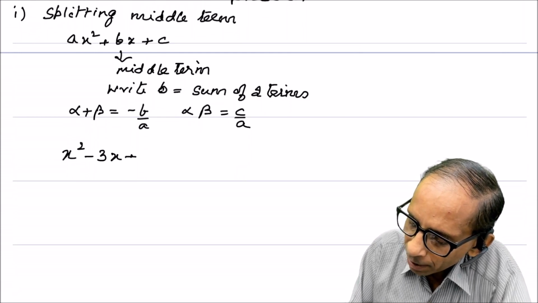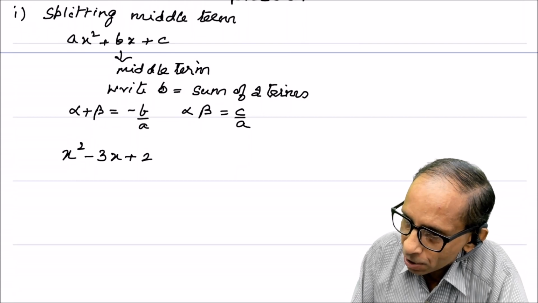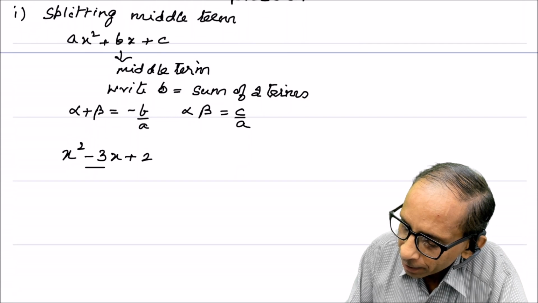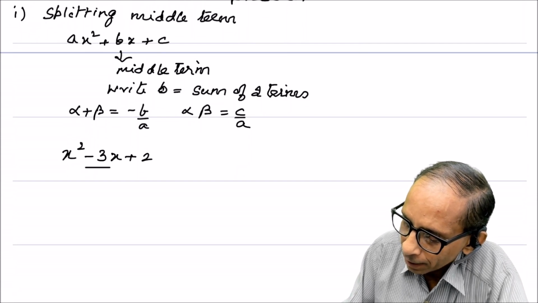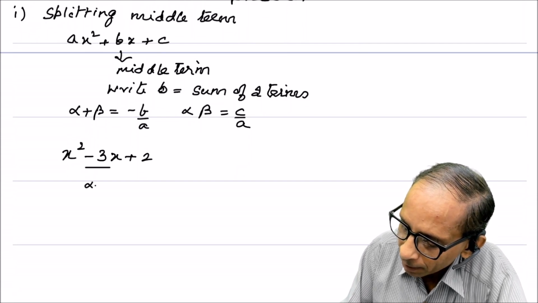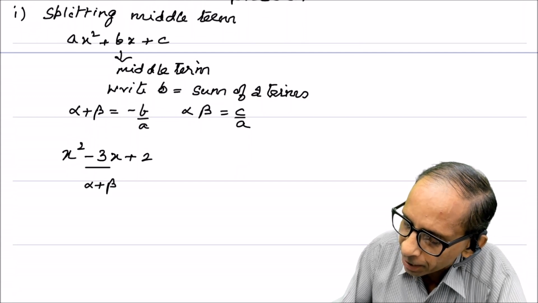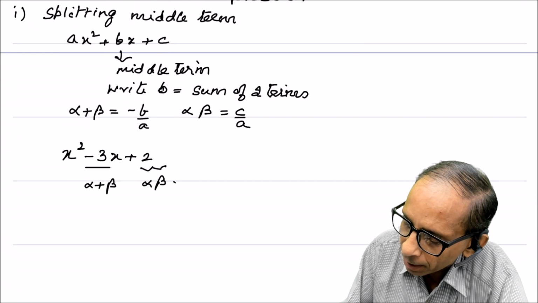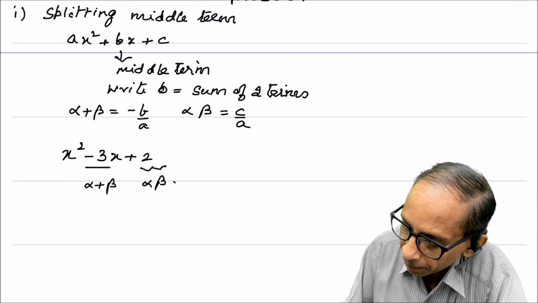x square minus 3x plus 2 is the quadratic before us. We have to split this minus 3 in such a way as alpha plus beta so that this term becomes alpha beta.